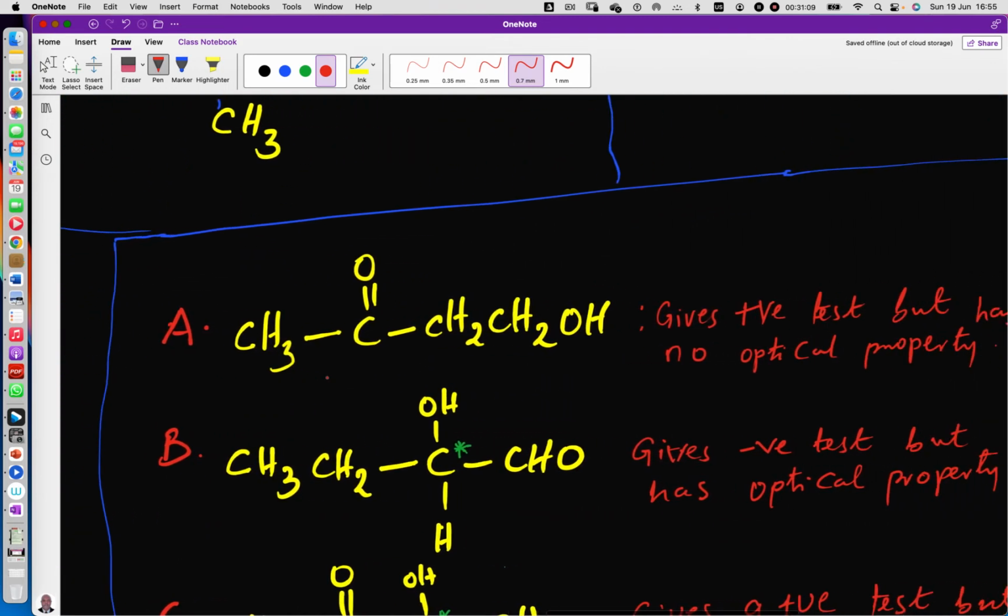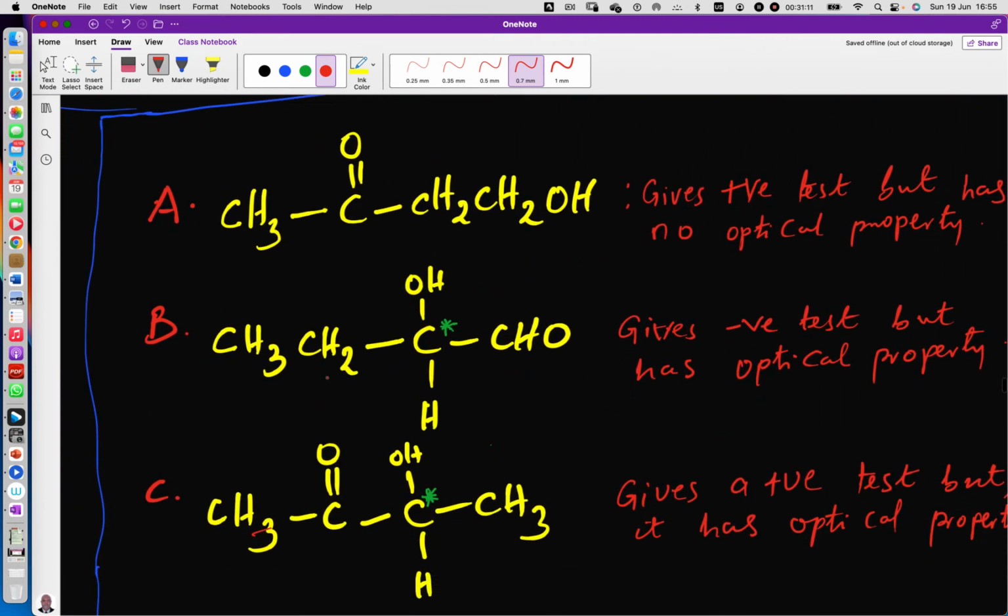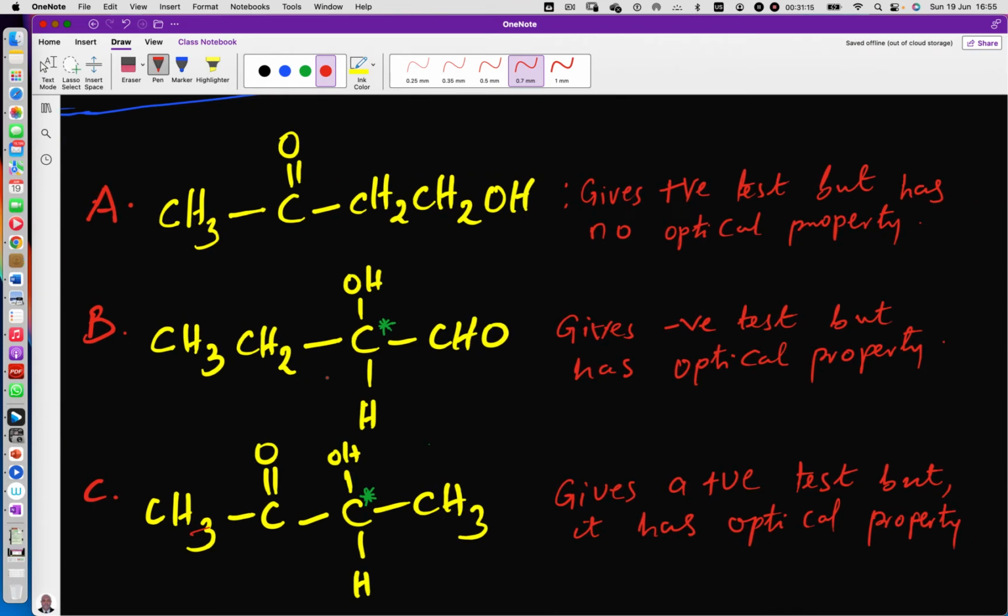The first thing you do is draw the structures of the different compounds and analyze them. This one here, yes, it has a methyl group that is attached to a carbon atom that has a functional group. In that case, this one will give a positive test, but it has no optical property. There's no optical isomerism here. So A might be the right answer.